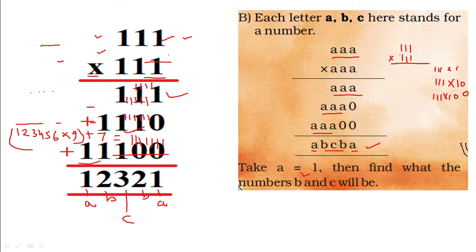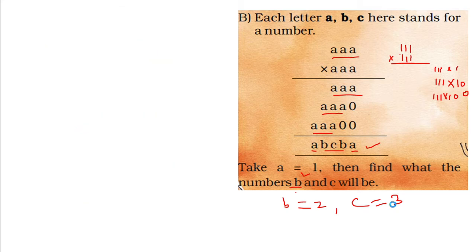So what is the value of B? B is equal to 2 and C is equal to 3.